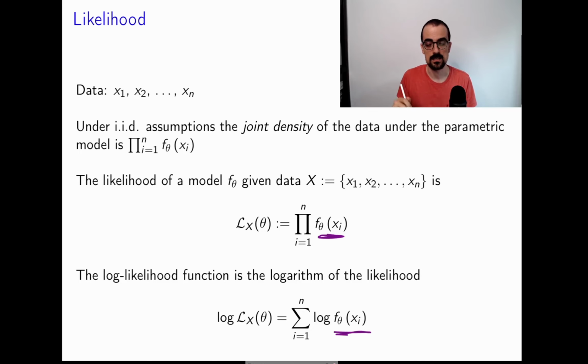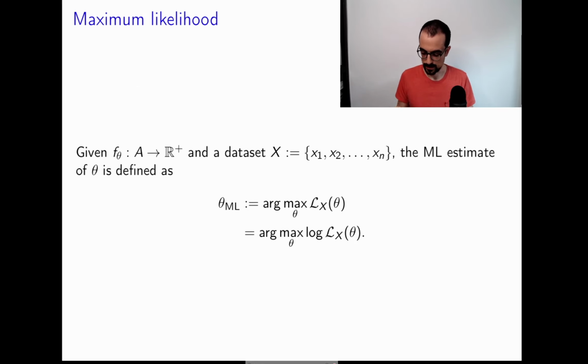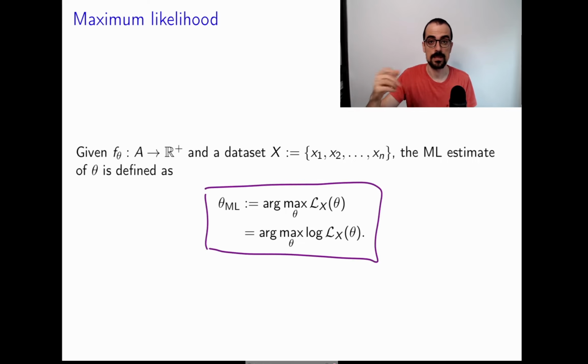We're going to maximize this quantity with respect to the parameters that we want to fit to the data. All right, so as I said, that was the likelihood and the log likelihood. If we want to estimate some parameters using maximum likelihood, we maximize the likelihood, or equivalently the log likelihood. This is equivalent because the logarithm is a monotone function.